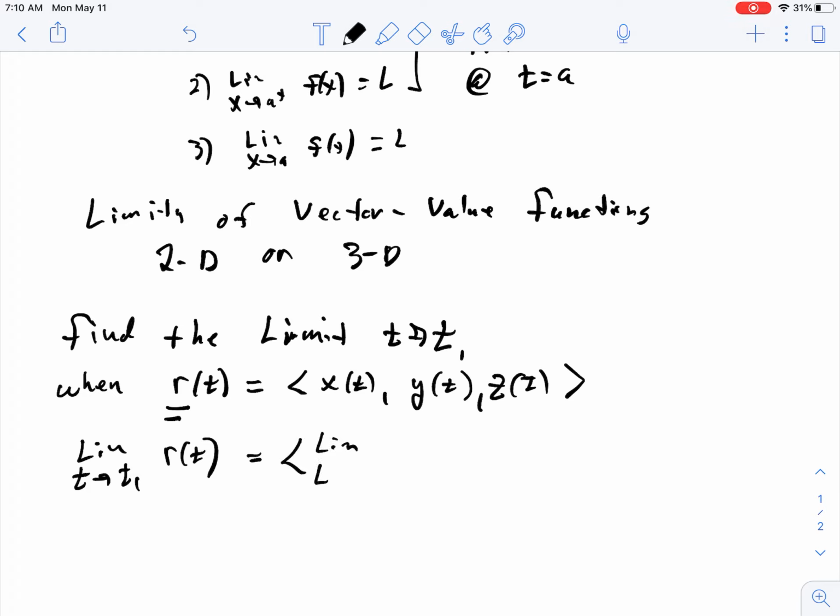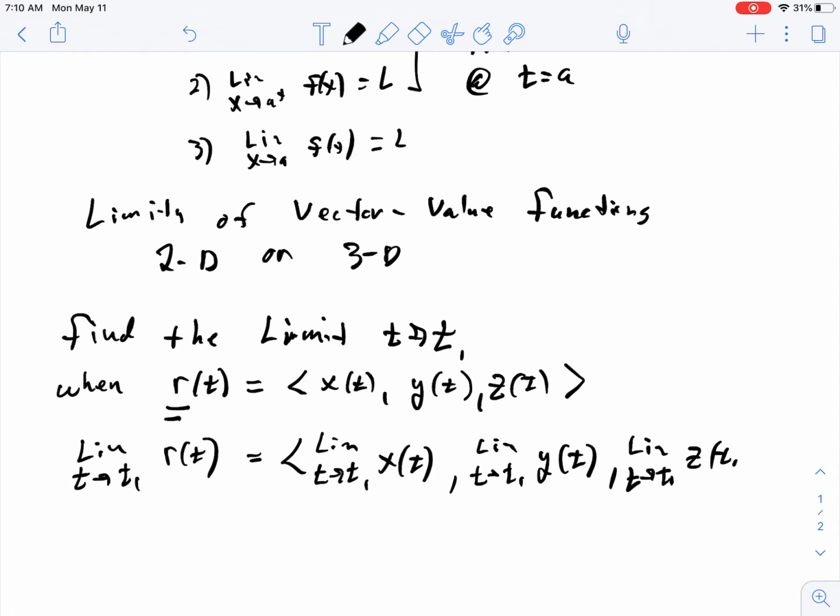So what's the limit as t goes to t1 of my x function? What's the limit as t goes to t1 of my y function? And likewise, the last one, your z, like so. So basically, you're just doing the limit three times instead of, like in Calc 1, just doing it one time.